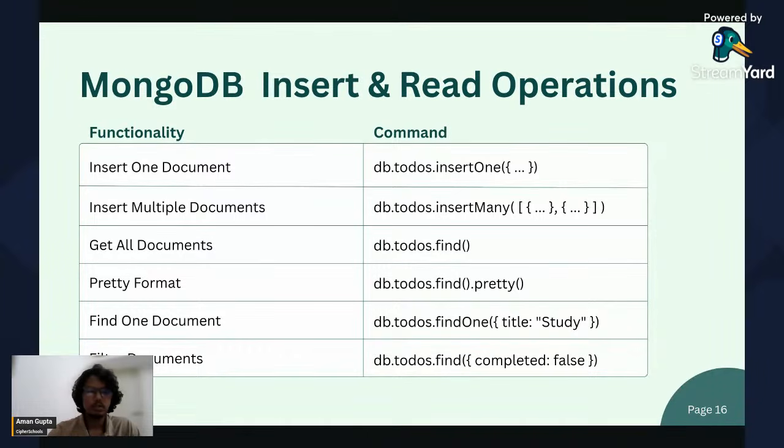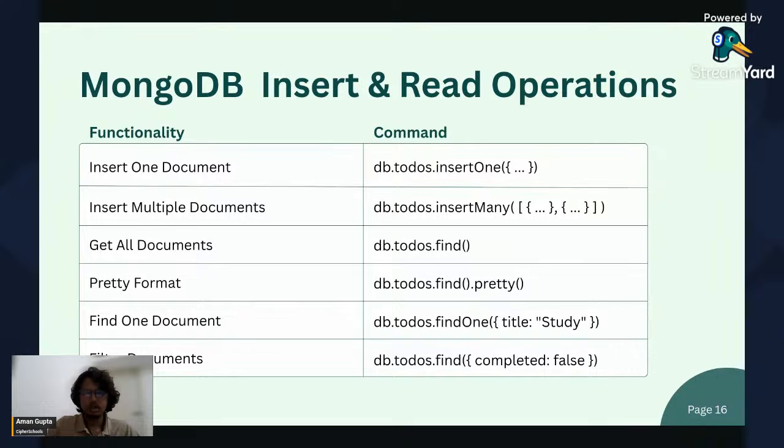There are no other possibilities apart from these four. You will hear this quite a lot if you're into backend development. So it is very crucial for all of you to know how to perform CRUD operations in MongoDB, and if you're using any other database, the same thing applies there as well.